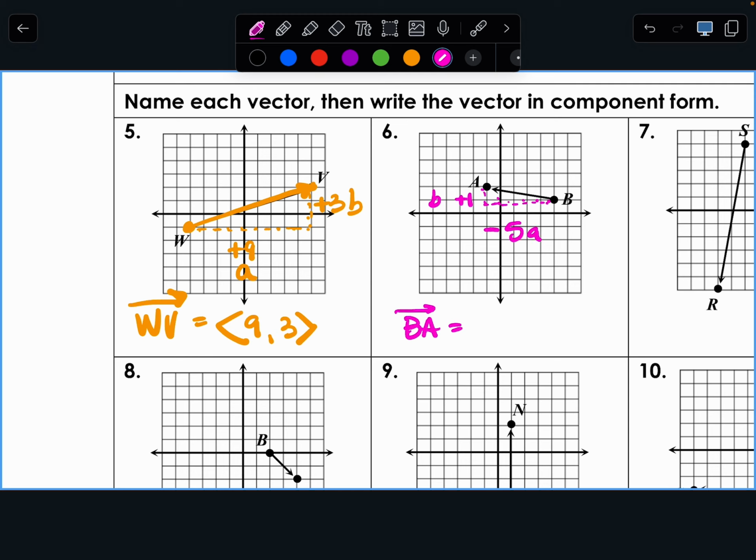It's 5, but it's -5. So that's <-5, 1>, like that. It's not hard, just specific.